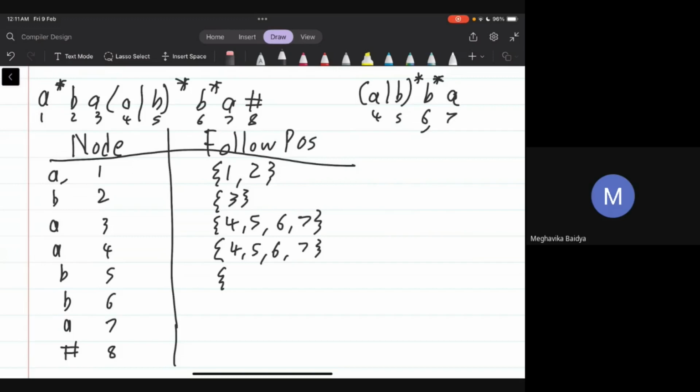And for 5, it's the same thing as how we did for A. 5 can be followed by 4, 5 can be followed by 5, 5 can be followed by 6, 5 can be followed by 7. Wait, I zoned out. We are doing this for B, 5.